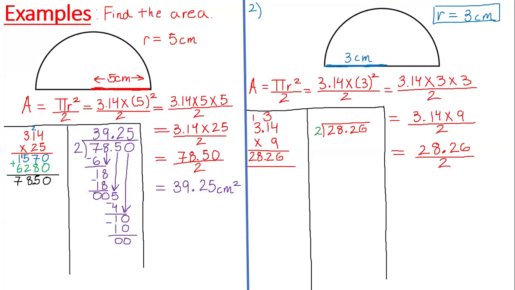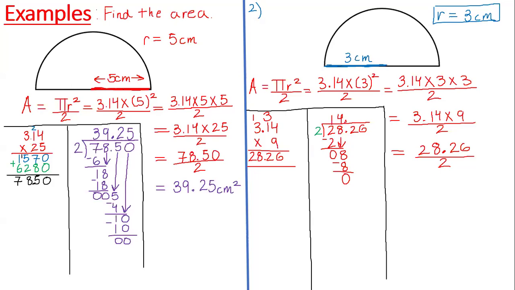Very good. How many times does 2 go into 28? Well, no, let's do how many times 2 goes into 2? Once. 1 times 2 is 2. We subtract. 2 minus 2 is 0. Bring down the 8. How many times does 2 go into 8? 4 times. 2 times 4 is 8. 8 minus 8 is 0. We put the point above.